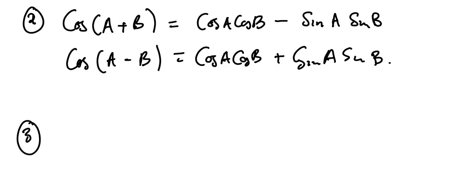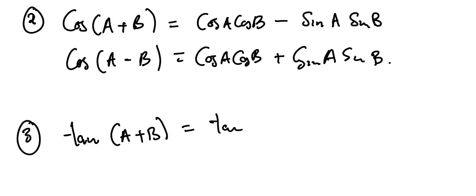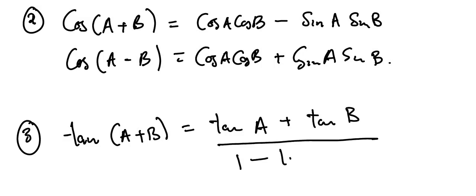Then the third one is the one for tan. So tan of A plus B is just going to be equal to tan A, then here we follow the rule there, we say plus, tan B, then over 1 minus tan A times tan B. That's the rule for plus, for tan.